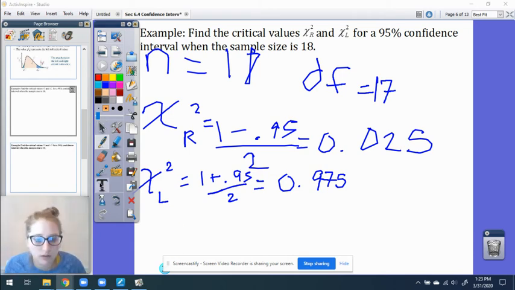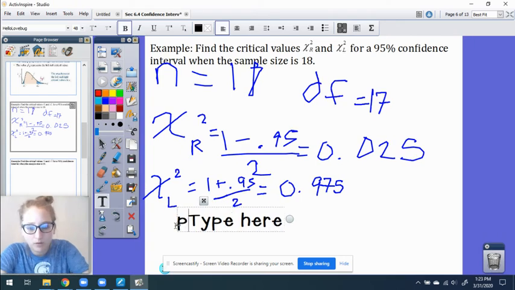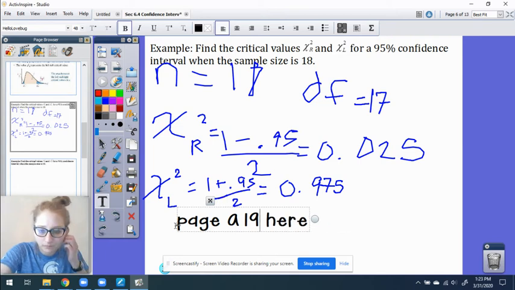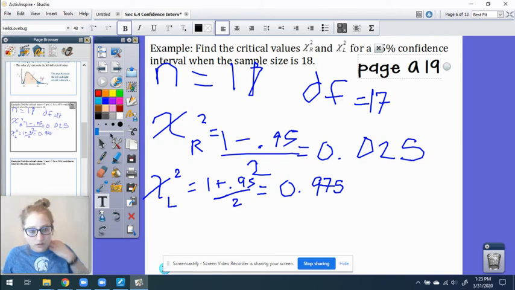I'm going to just use the text real quick. Page A19. Okay, so if I look at page A19 for 0.025, I'm going to get, ooh, I'm still on text.